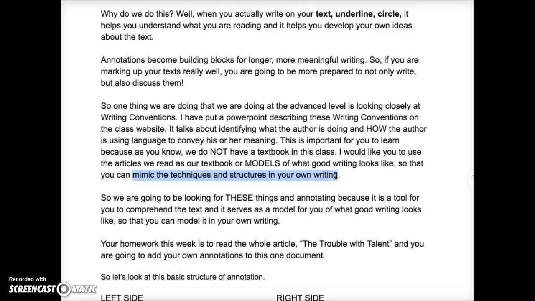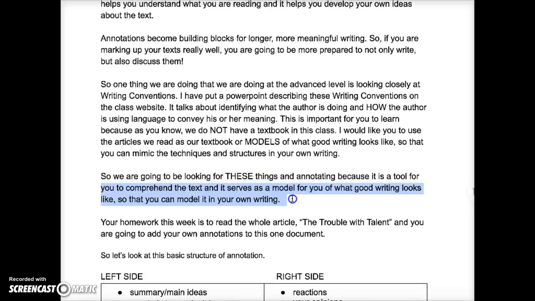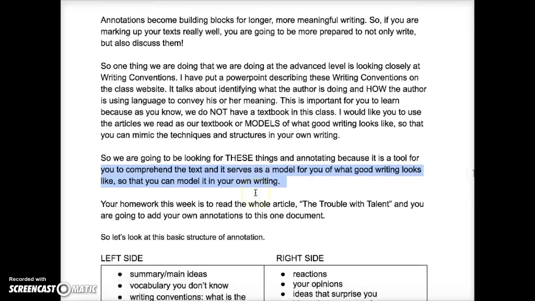So as you guys go annotating Trouble with Talent, I want you to be looking for these things. Look for the writing conventions and annotating because it's a tool for you to comprehend the text and it serves as the model for you of what good writing looks like so that you can model it in your own writing.